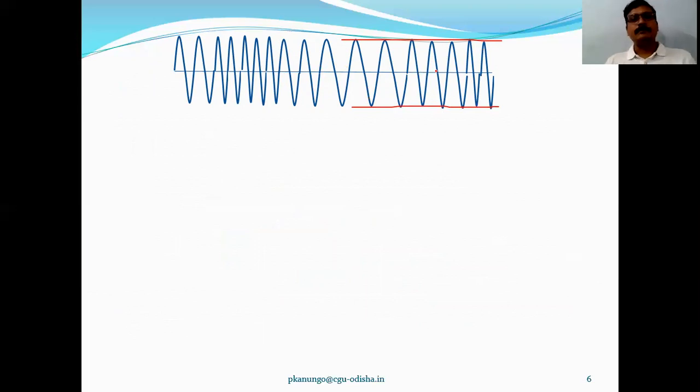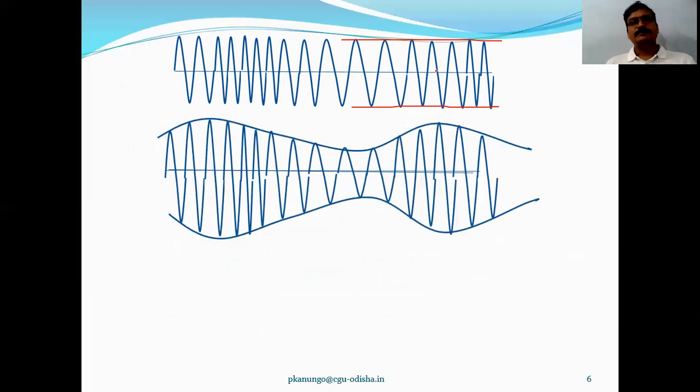The derivative of this FM signal will look like this. Look here, it is not only amplitude modulation: the envelope of this signal follows the baseband signal, and the carrier part is an FM signal. So this is the differentiation of the FM signal.